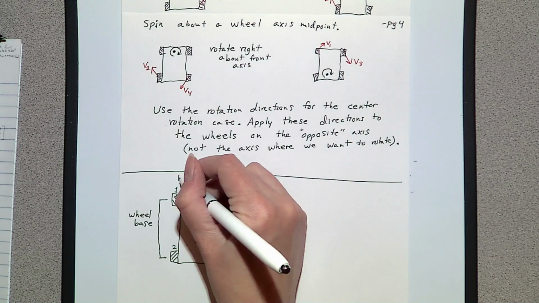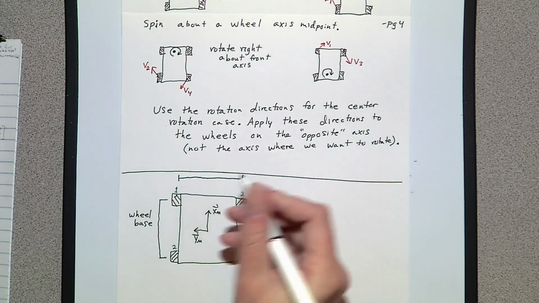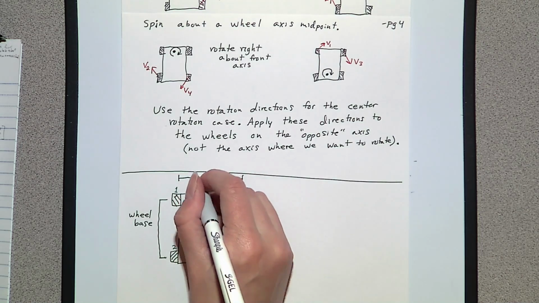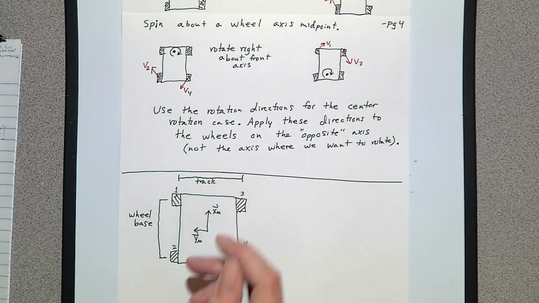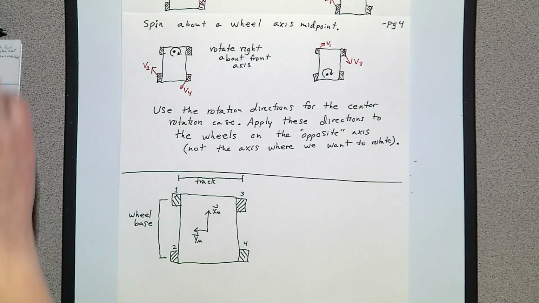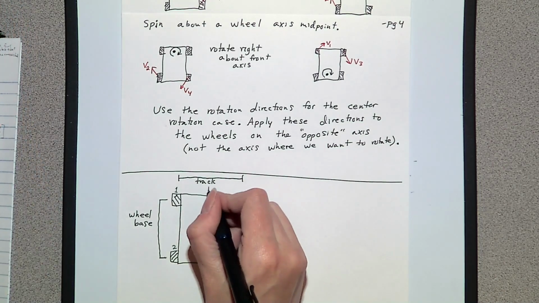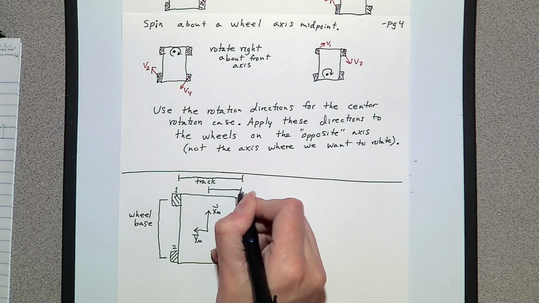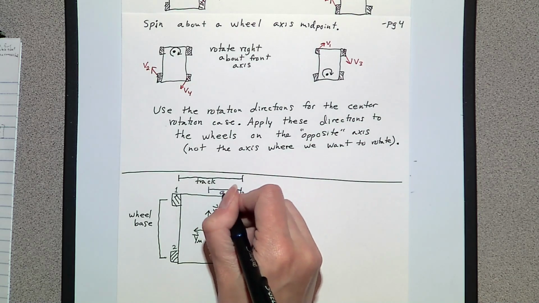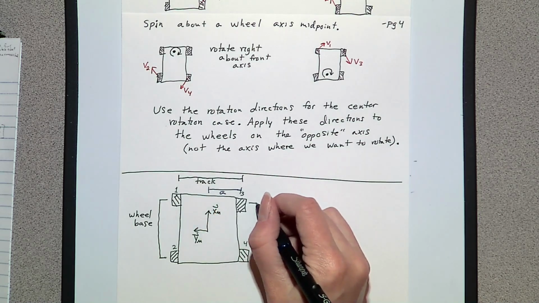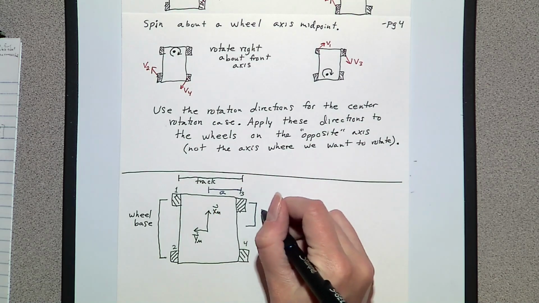From the center of this wheel to the center of this wheel is known as the track. I'm going to label a couple of distances here. Half the track I'm going to call A, and half of the wheelbase I'm going to call B.